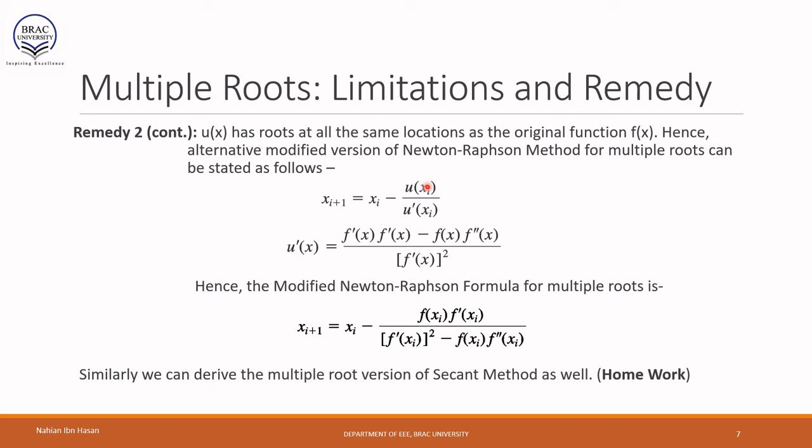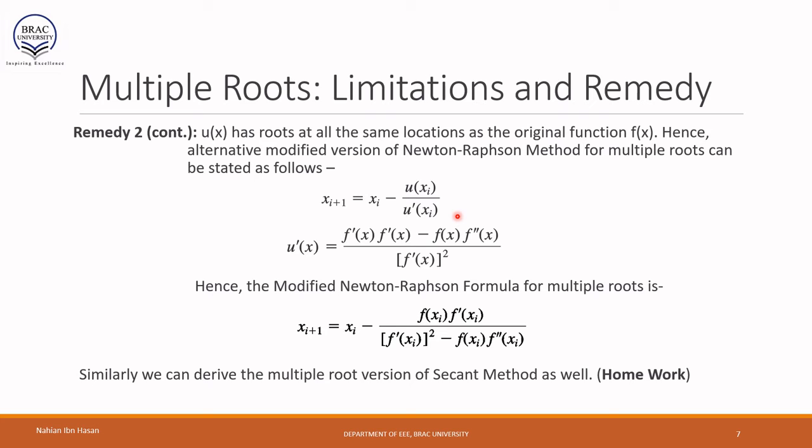So that is the new function that we are going to replace in the main function. The benefit is that we are not using any parameter m. As a result, there is no need of foreknowledge about the multiplicity of the function. So that's one remedy for the multiple roots problem.